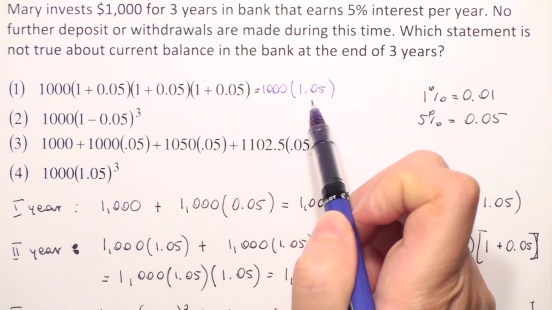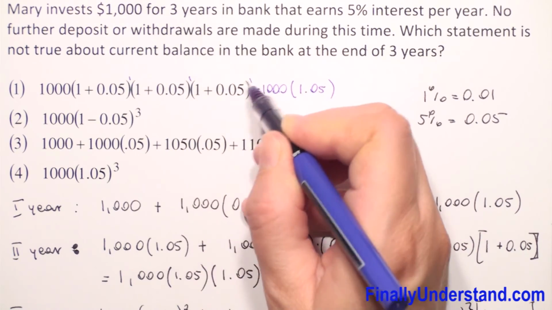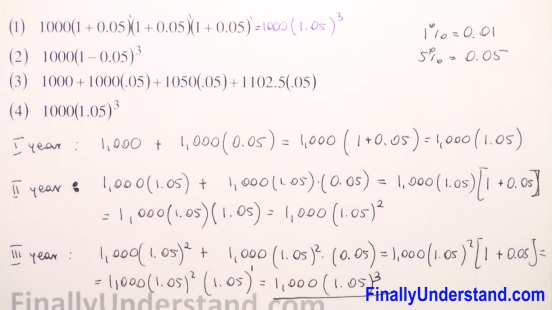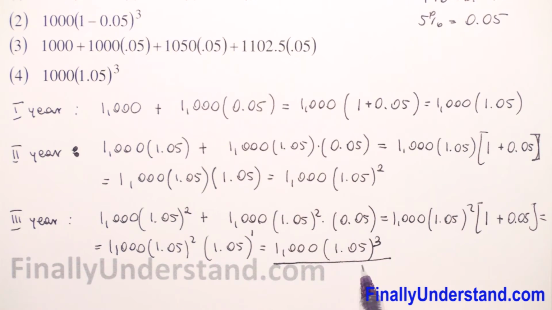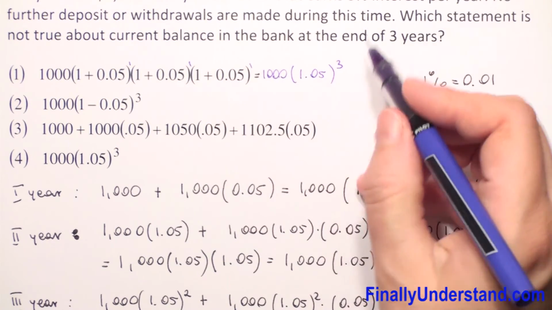So we copy the base and we add exponents. Here is like an invisible 1, 1, and 1. So 1 plus 1 plus 1 is 3. So it's exactly the same as what we got at the end of the third year. So this expression is correct.